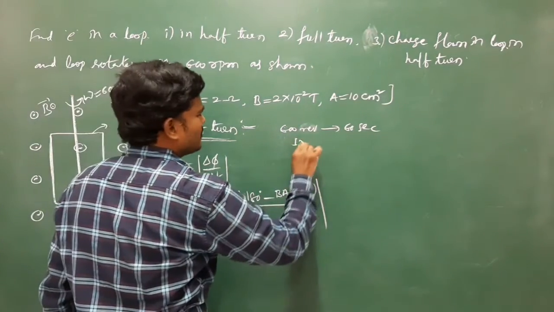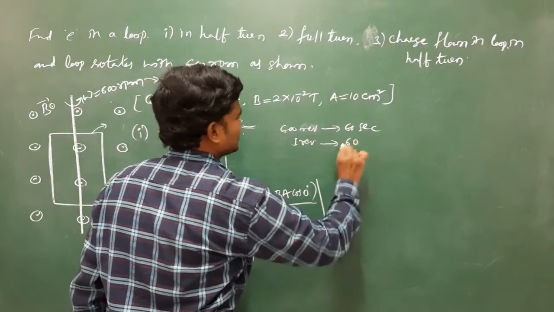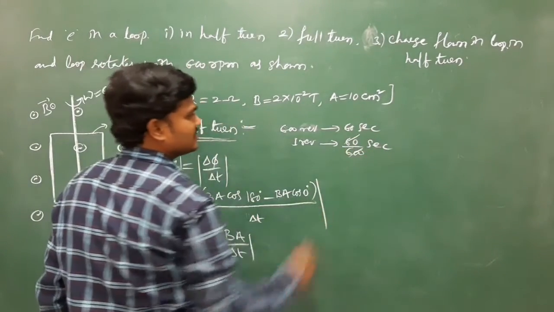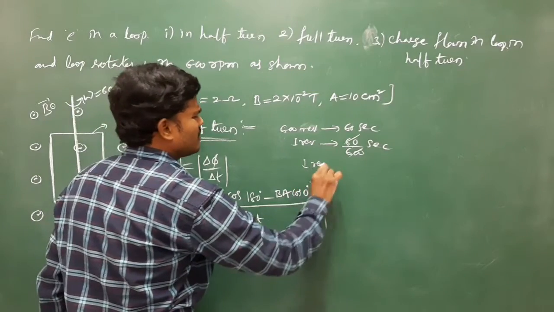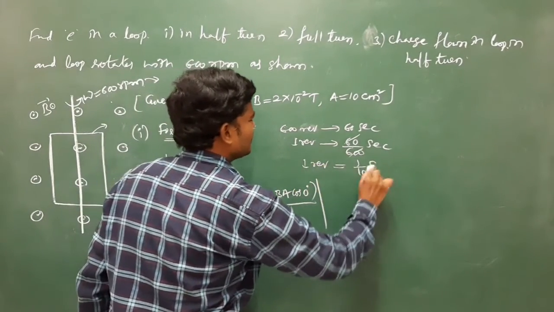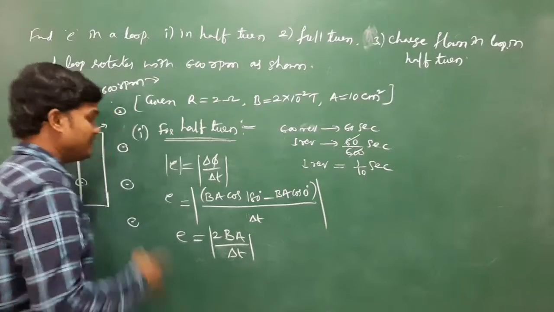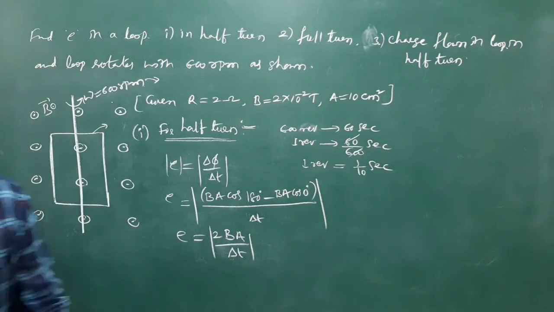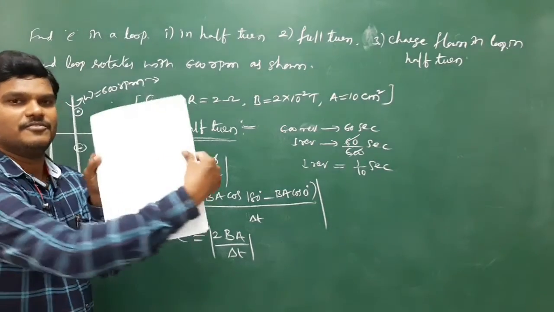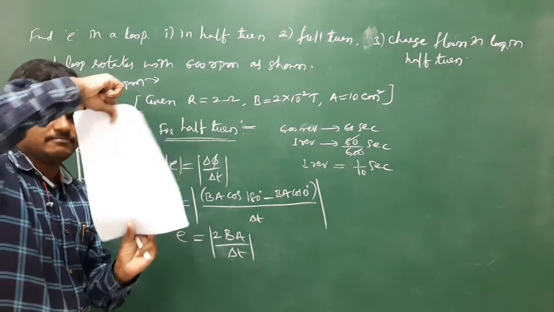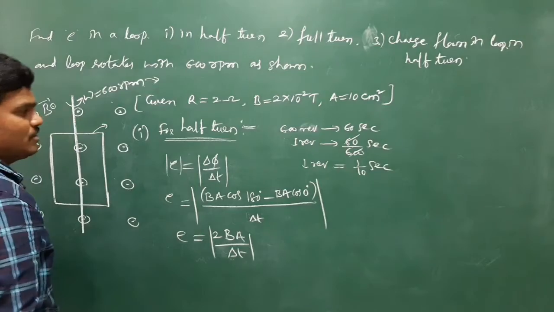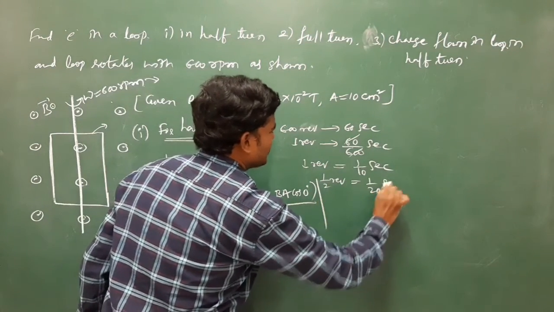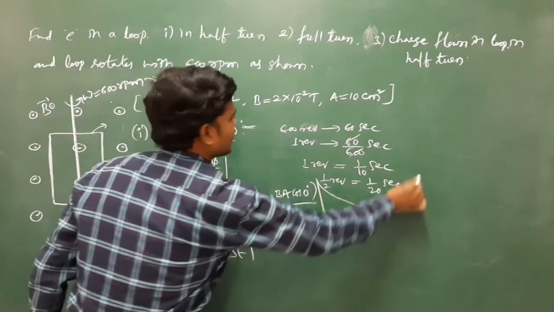For one revolution, how much time? 60 by 600 seconds. This is the easiest way. That is 1 by 10 seconds. But we need half revolution. And if it comes again, that is a full turn. So for half revolution, 1 by 20 seconds. So this is the time.